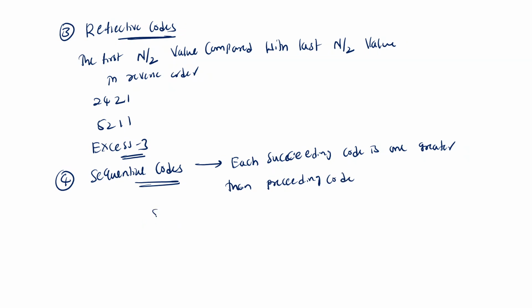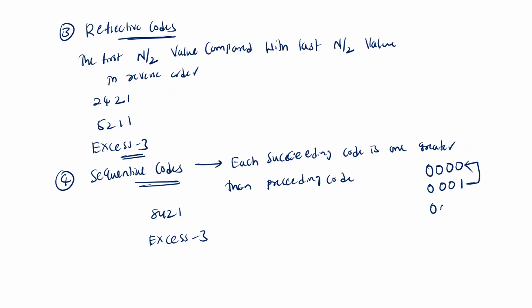So like 8421 and XS3 code. 8421 means what? Binary code you see. So this is 0000. What is the next one? 0001. Whatever the succeeding code is one greater than the preceding code.